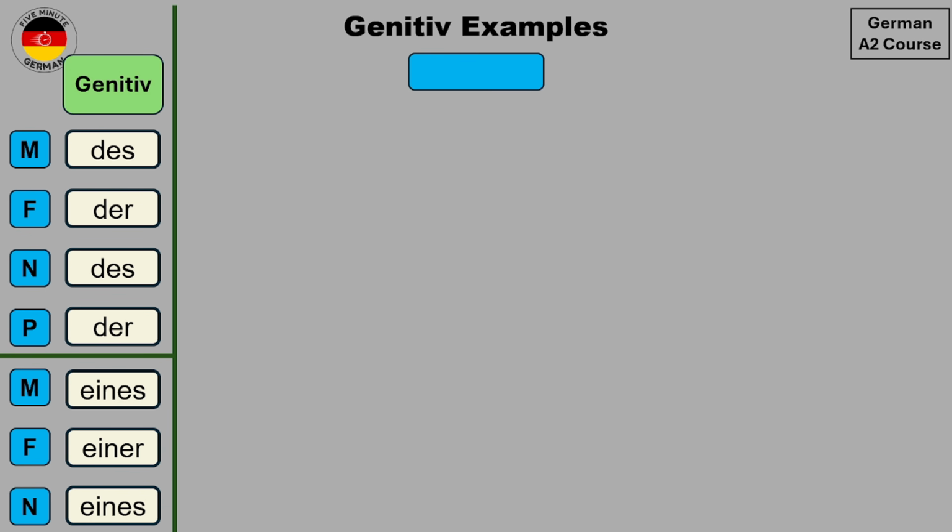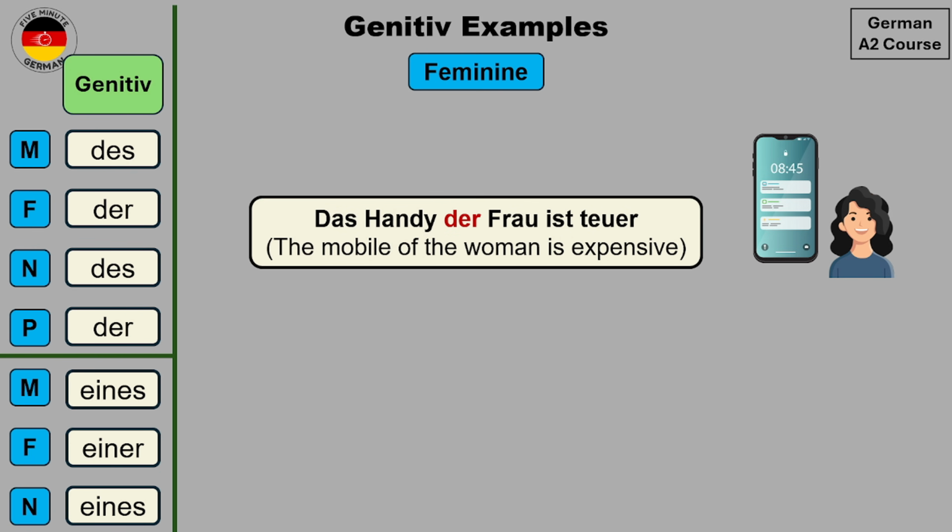Let's take a look at a few examples with feminine nouns. So I have the sentence, Das Handy der Frau ist teuer. The mobile of the woman is expensive. And we know that Frau is die Frau. That's why we have used the article der over here, which is the genitive bestimmte article for feminine nouns. And you see that by using the genitive case over here, we show that the mobile belongs to the woman.